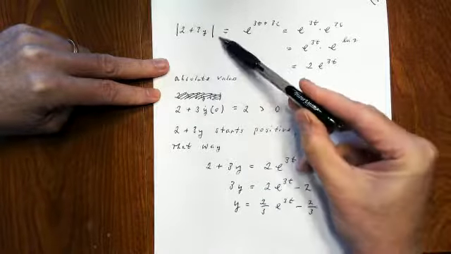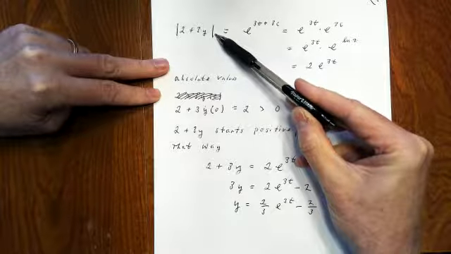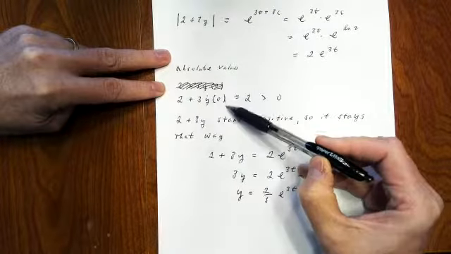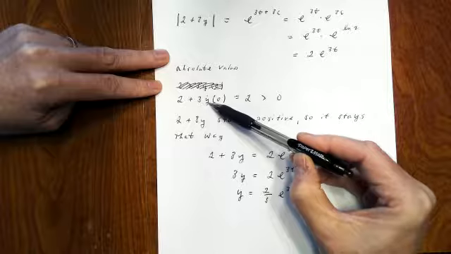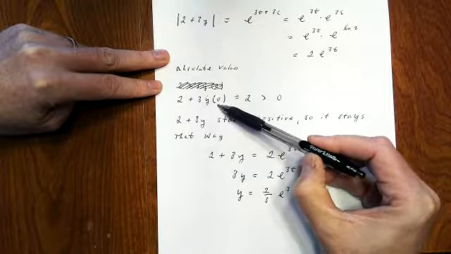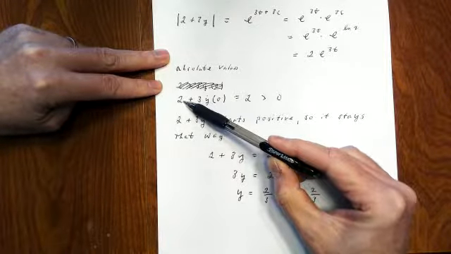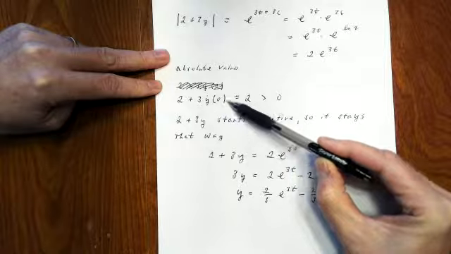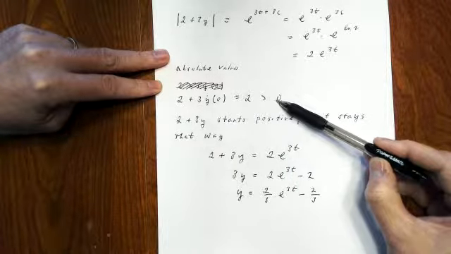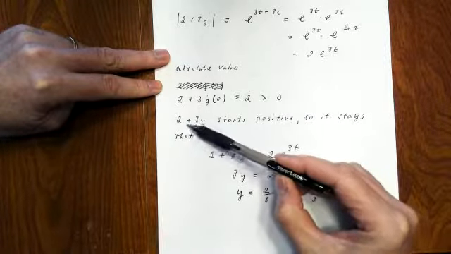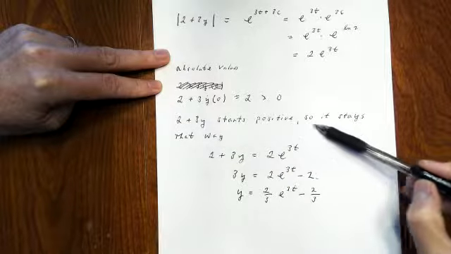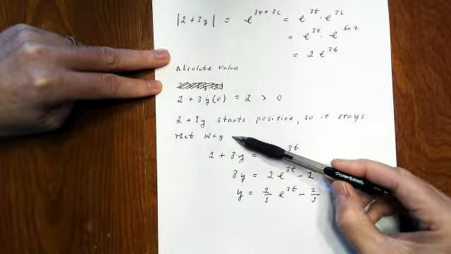Now, how do I get rid of the absolute value? Well, I know that when t is 0, y is equal to 0, which means that when t is 0, 2 plus 3y is just 2, which is greater than 0. So 2 plus 3y starts positive, so it stays that way.